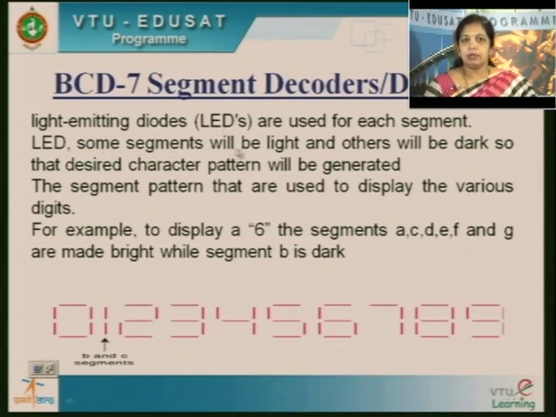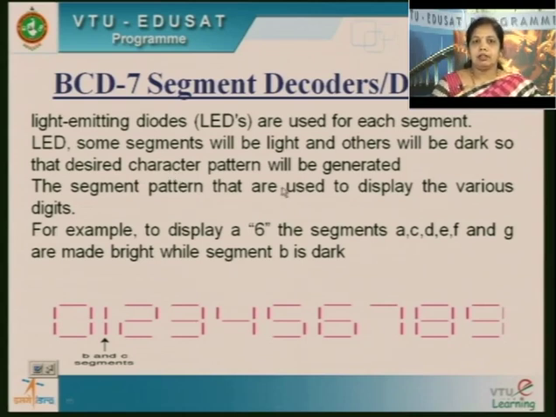These segments will be on whenever I give supply or power to the particular LED. So these segments will be lit and others will be dark, so that a desired character pattern can be generated.